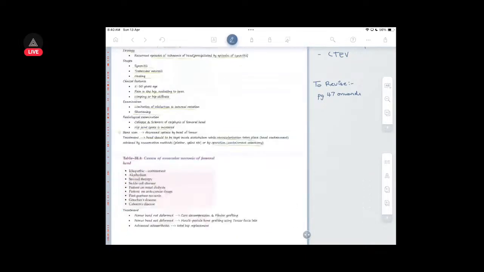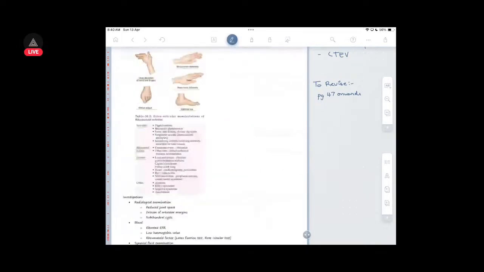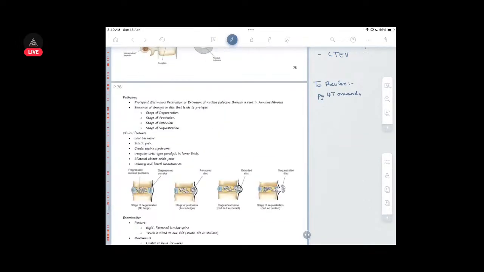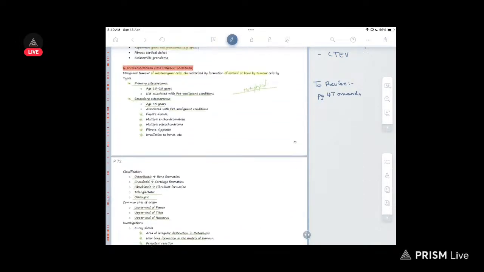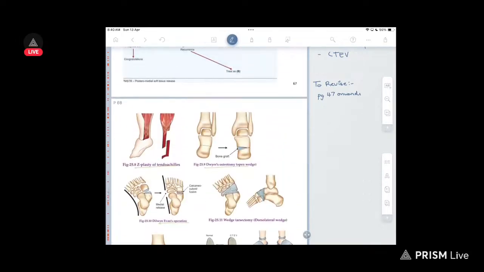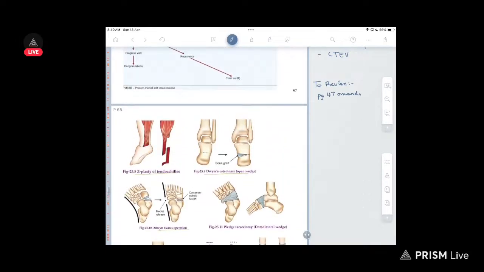So I need to finish around 20 pages. This will take an hour, but honestly this is not as big a problem as trauma is, even though it's like 47 onwards.